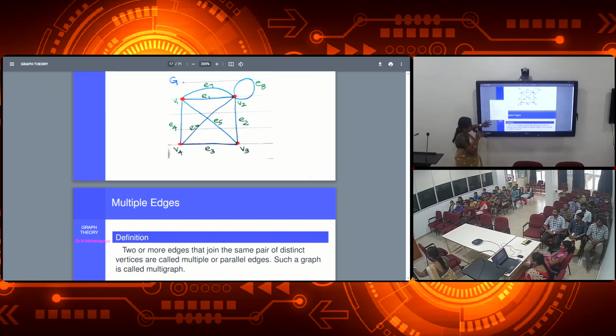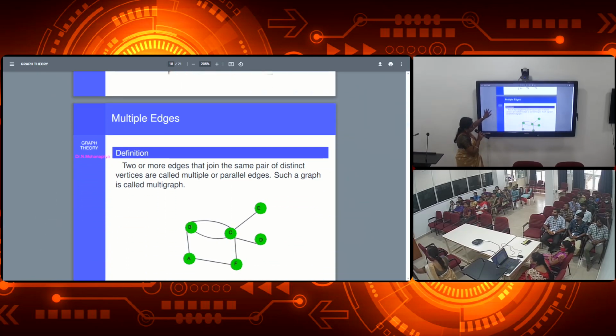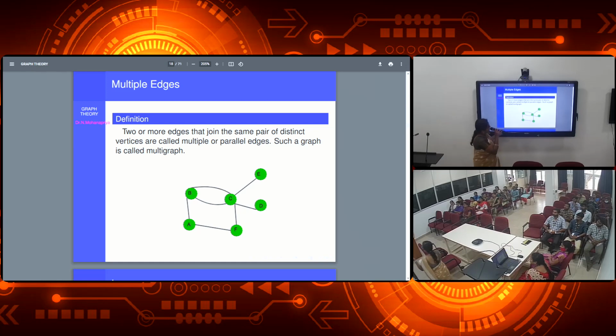Then multiple edges. In a graph, a pair of edges incident to the same vertex set. That means here B and C are incident with 2 edges. These 2 vertices are incident with the 2 edges. I didn't name them here, but I have 2 edges which have common end vertices.